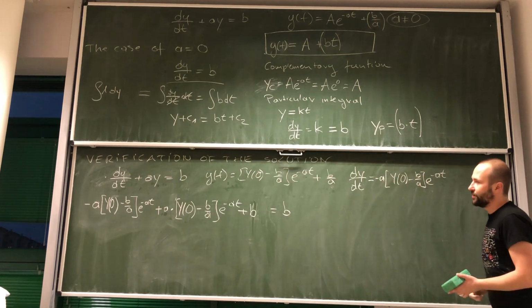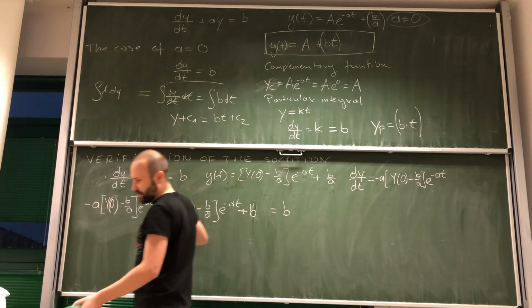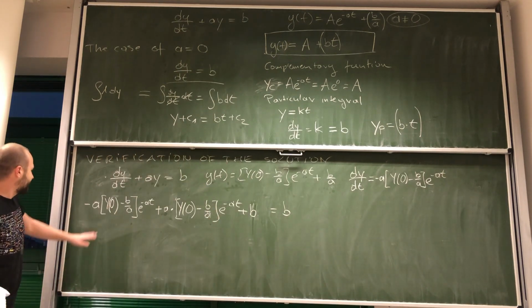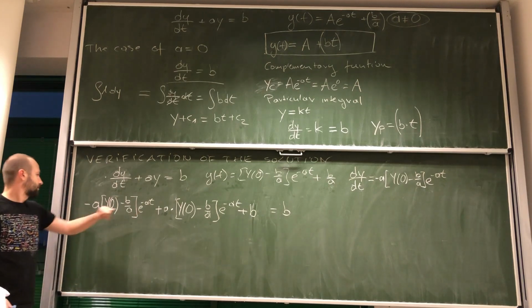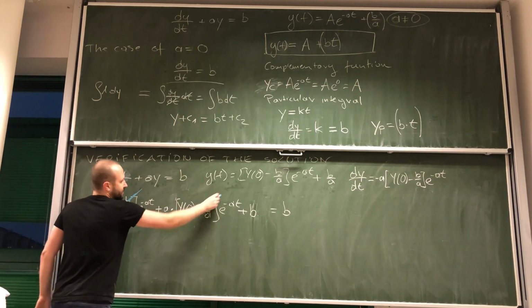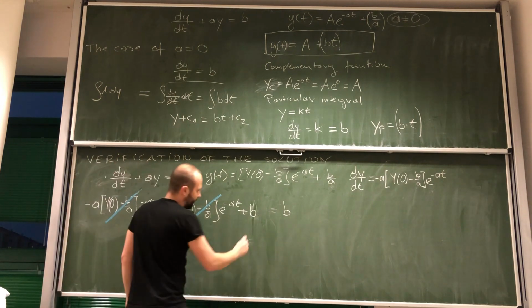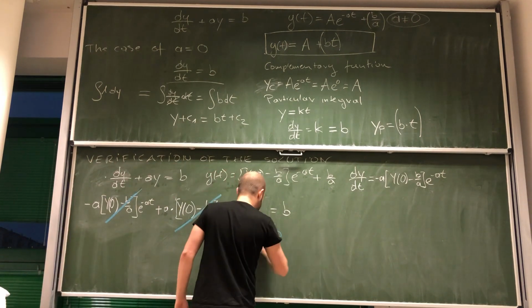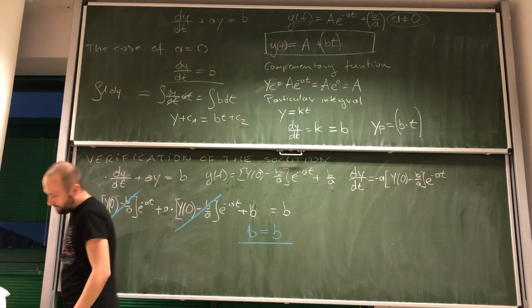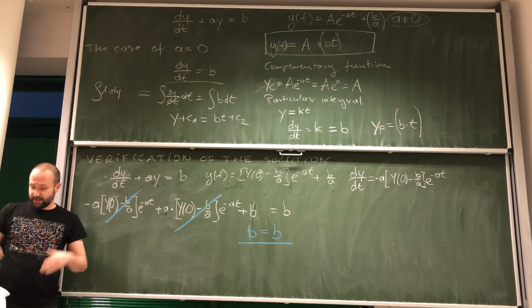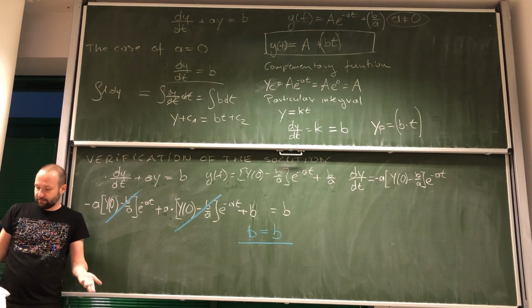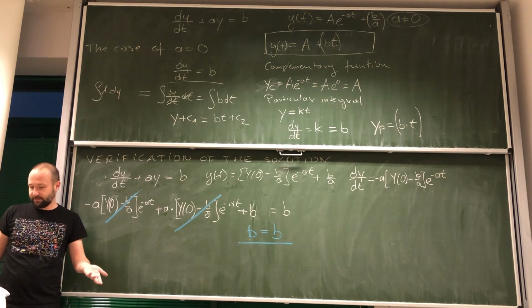Now, what else can we notice? Those two expressions are identical, but they have opposite signs. So what do we get? b is equal to b. And if b is equal to b, then of course the two sides of the equation must be the same.